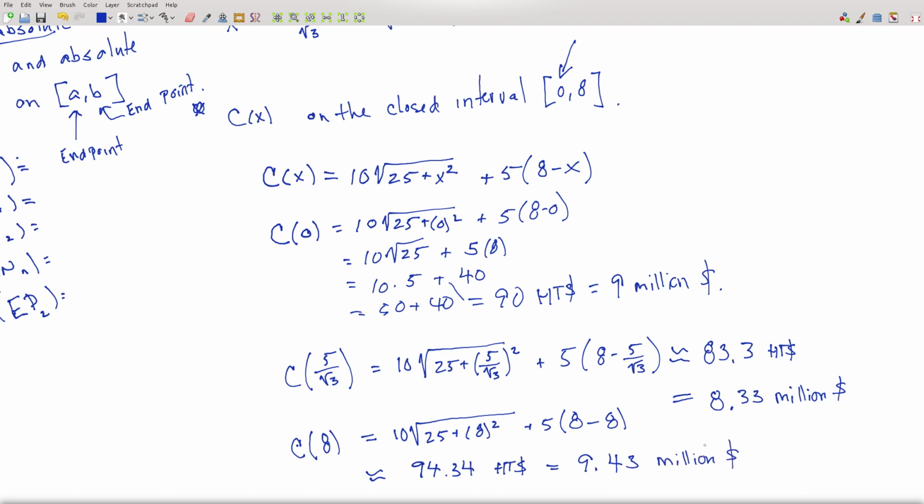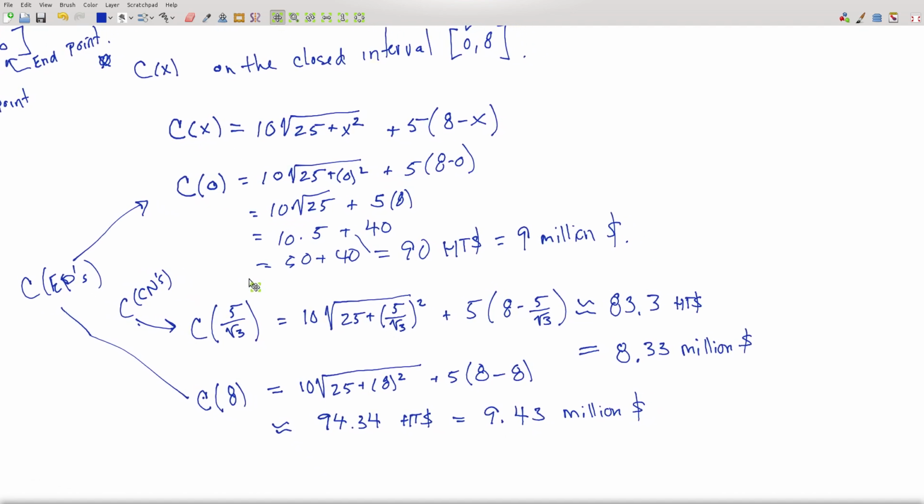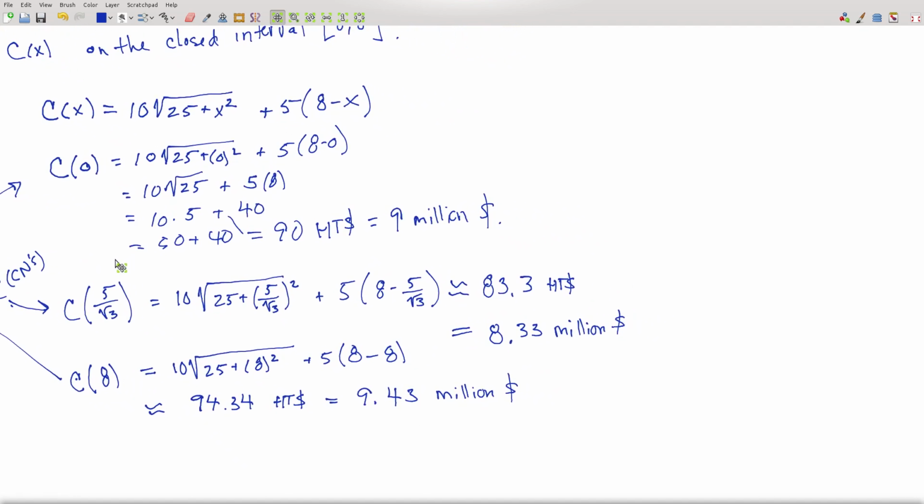Okay, so there we have done it. We found the value at the endpoints. This is C evaluated at the endpoints. And also we found the cost evaluated at any of the critical numbers in between. Now we look and see which of those was the biggest, which was the smallest.